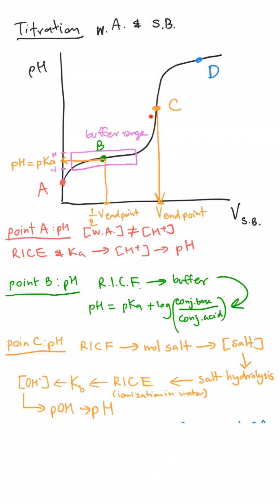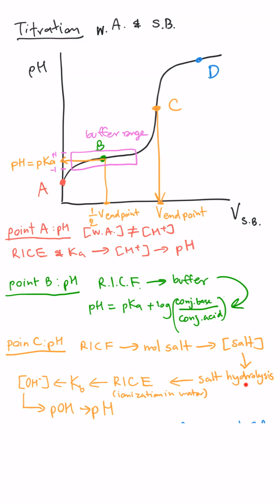And for point C, again, we are going to react acid and base because they are going to neutralize each other. So you are going to set up a RICF table, find out the moles of the acid and base, and plug the moles into the RICF table to find out the number of moles left at the end. And you will see that at this point C, there will be no more acid and base left. The only species left in the solution would be the moles of salt. Then you are going to convert this moles of salt into concentration of salt, and then hydrolyze this salt into cation and anion.